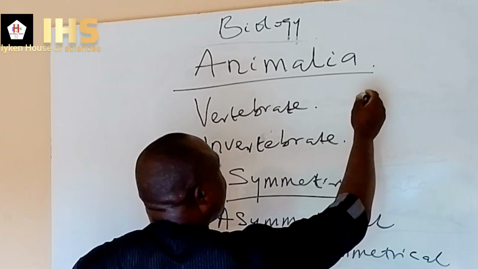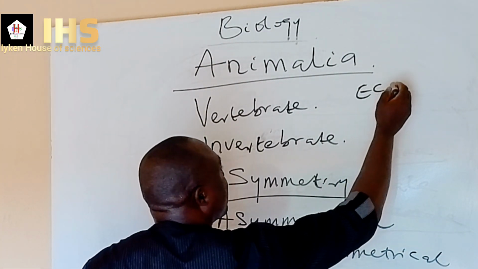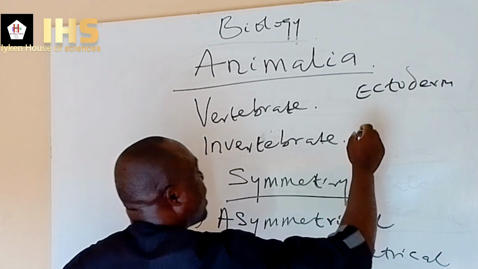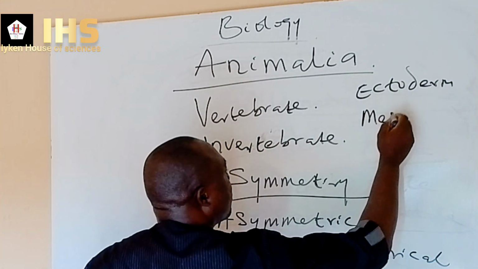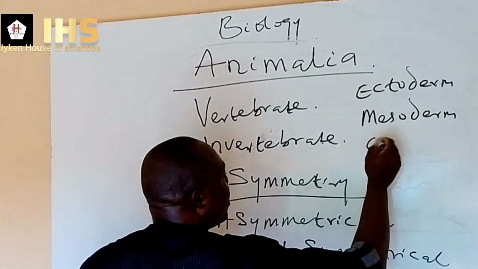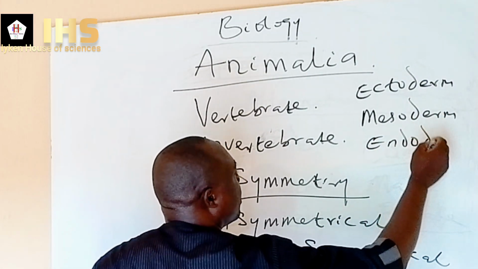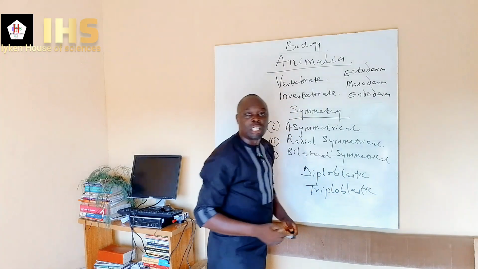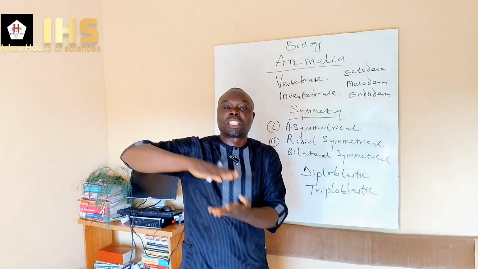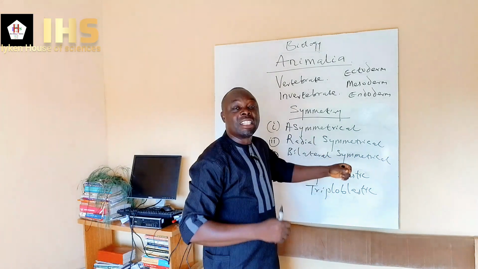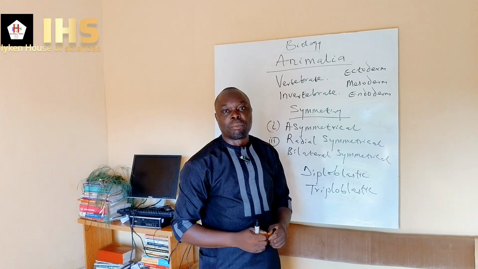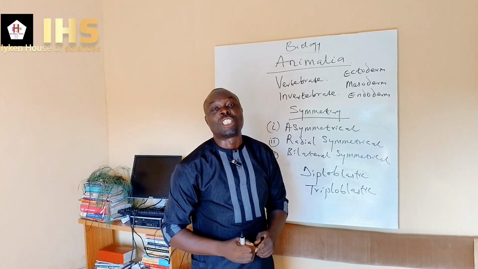We have the ectoderm, we have the mesoderm, and then the endoderm. What is the ectoderm? The ectoderm is the outer layer, the outer tissue. What is the mesoderm? The layer that separates the ectoderm from the endoderm. The endoderm is the inner tissue.